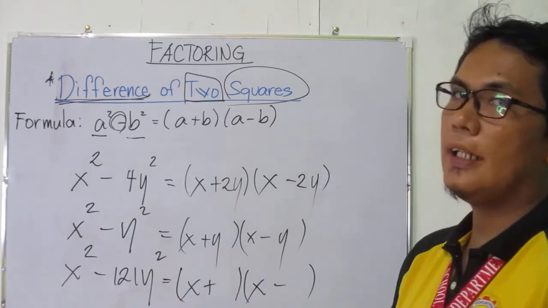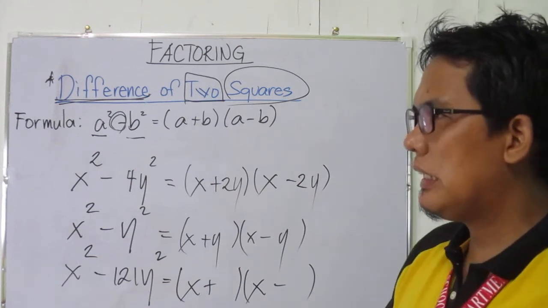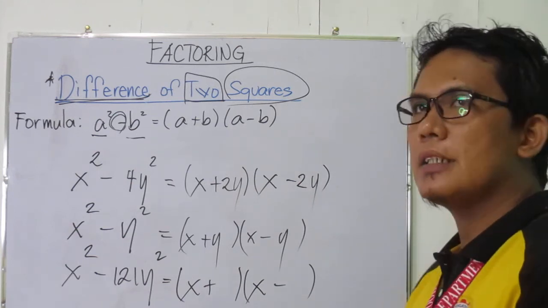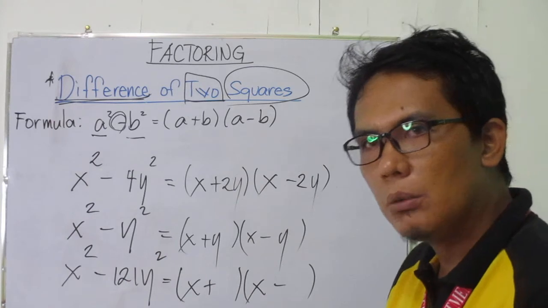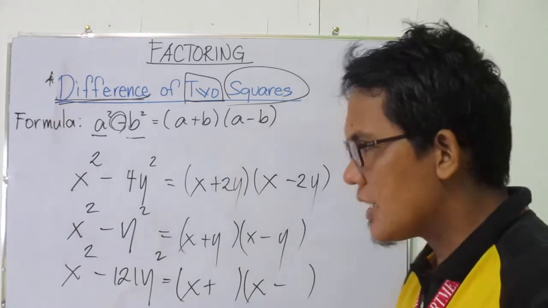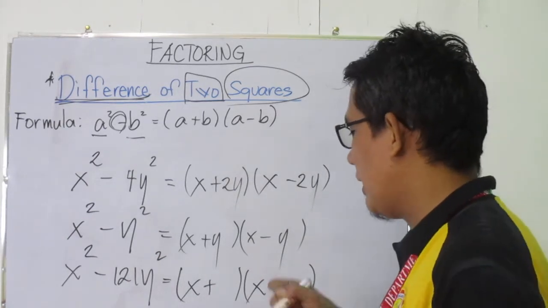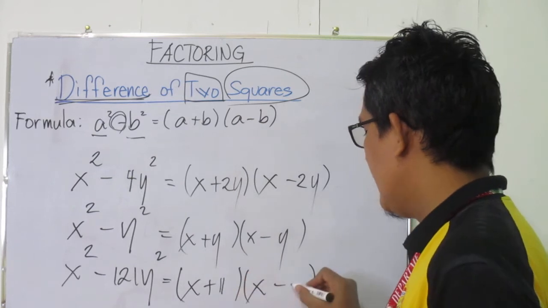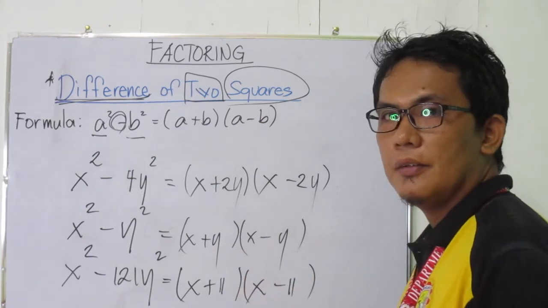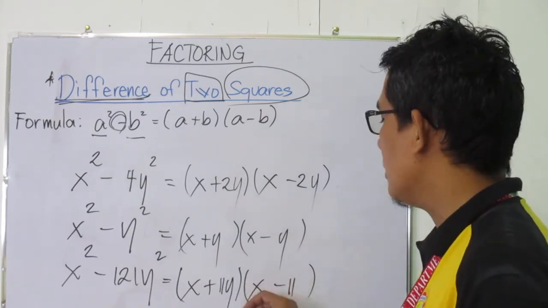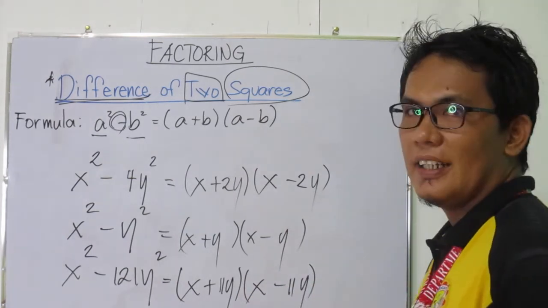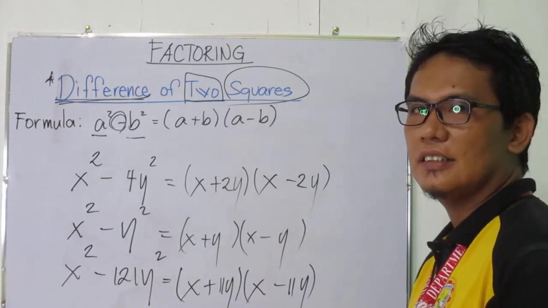And our 121, what is the number that is multiplied by itself and the product is 121? Yes, that is 11. So we have here 11 and 11. And for our y squared, that is y and y. As simple as that.